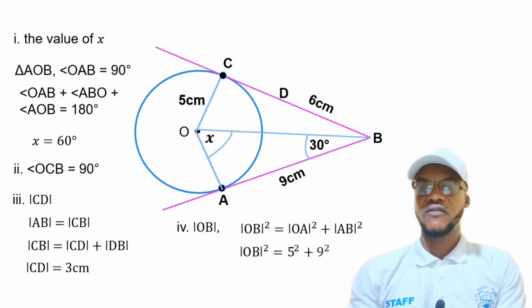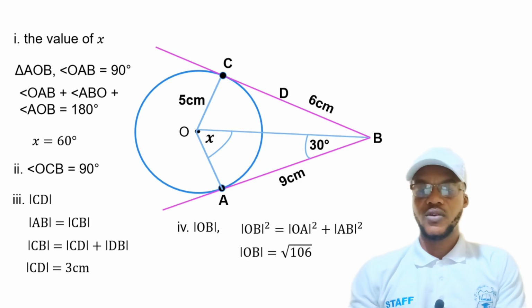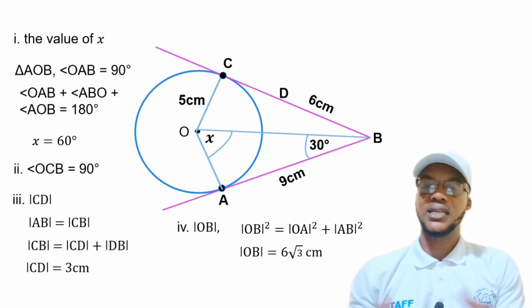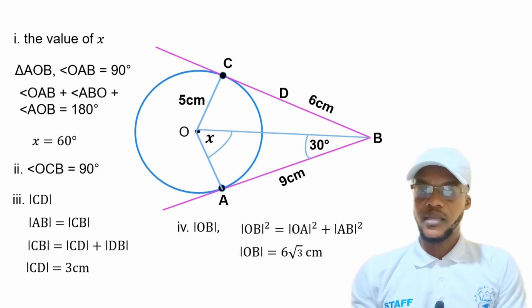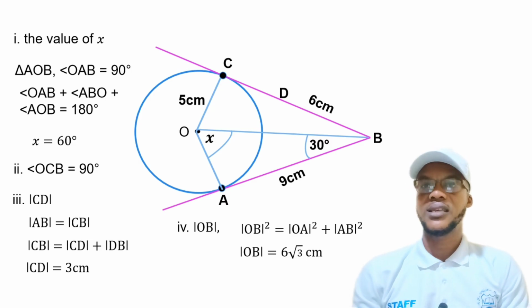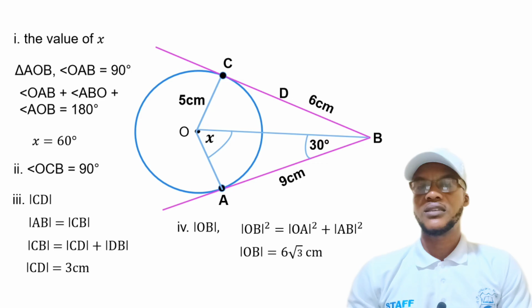We add them first, and OB is going to be the square root of 106, and that will give us 6 root 3 centimeters, or we can get decimals, some digits. So that answers everything. Very, very simple. All right, so that is all about our concept today.